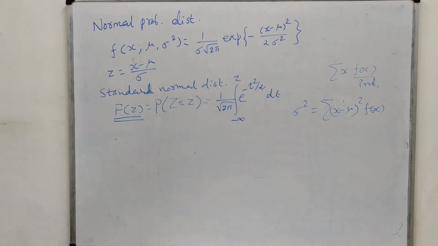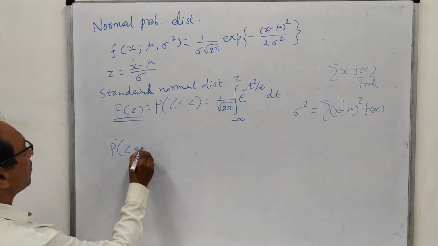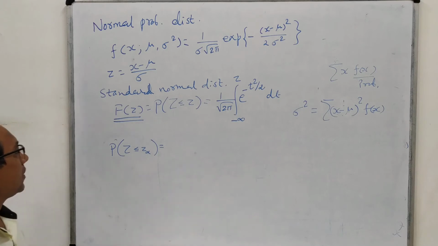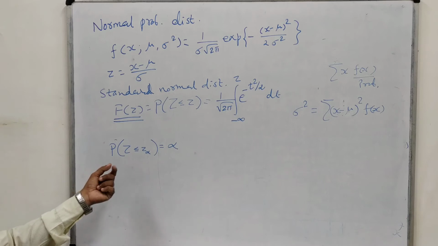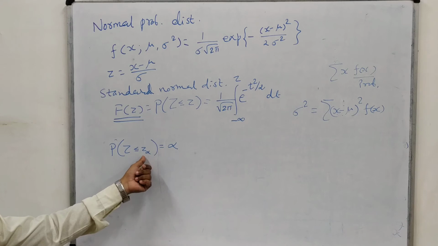Now let us see one more thing. We have also seen last time Z alpha, the probability of Z less than or equal to Z alpha, where alpha is the probability. That means this represents the value of Z corresponding to this probability alpha.